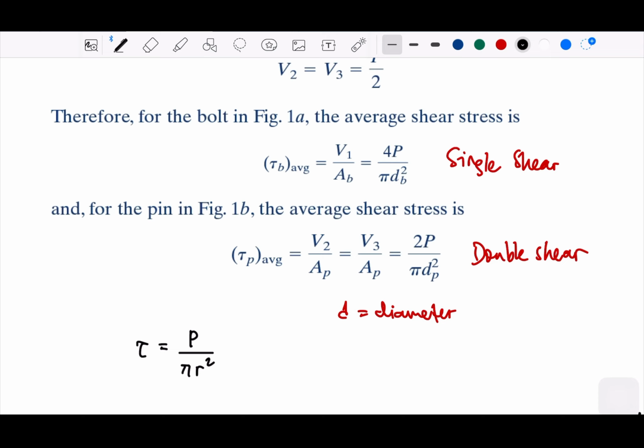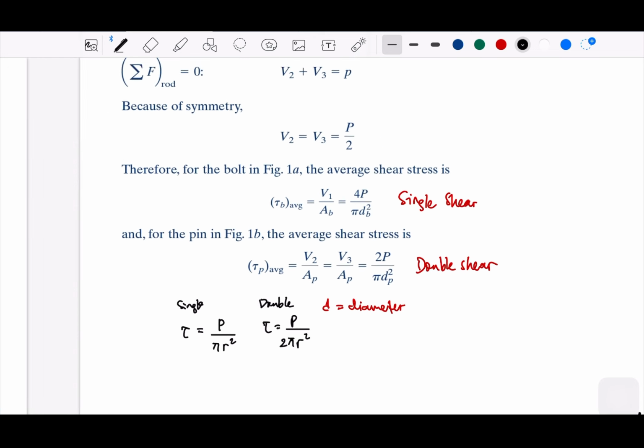And this is for the single, and for double this is 2 pi r squared. Either way, it's the same thing.